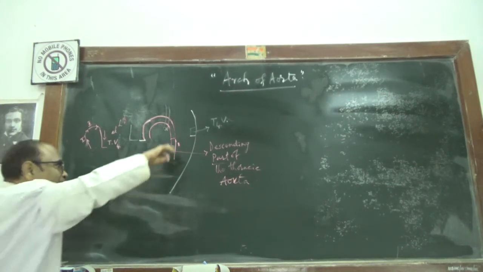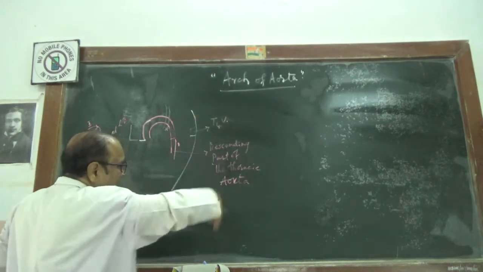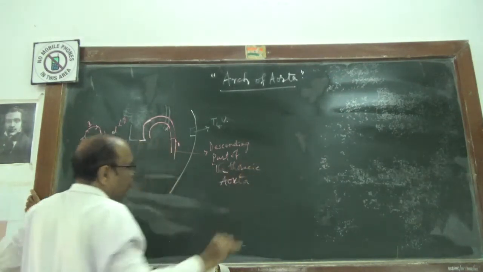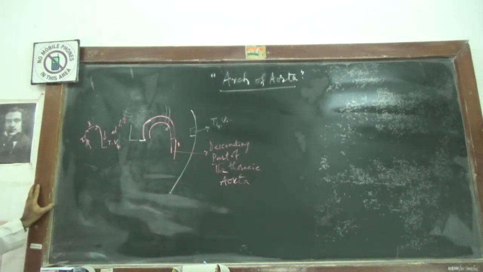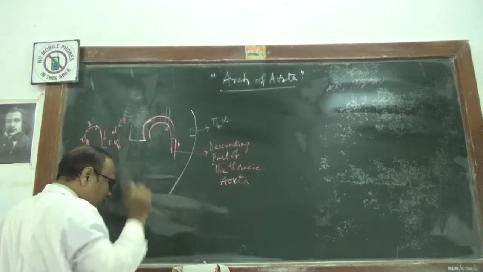As it descends it will supply the thoracic region, and then the abdomen via its continued part. So this is the arch of aorta.